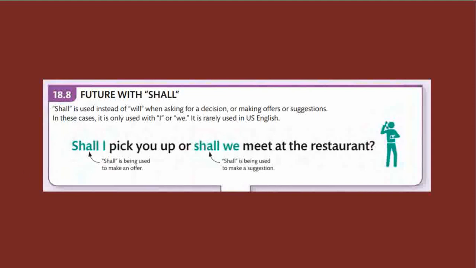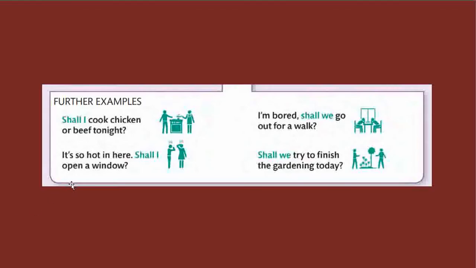Let us see certain examples. Shall I cook chicken or beef tonight? Offer or suggestion, asking for a decision rather. It is so hot in here. Shall I open the window? It is to make a decision.